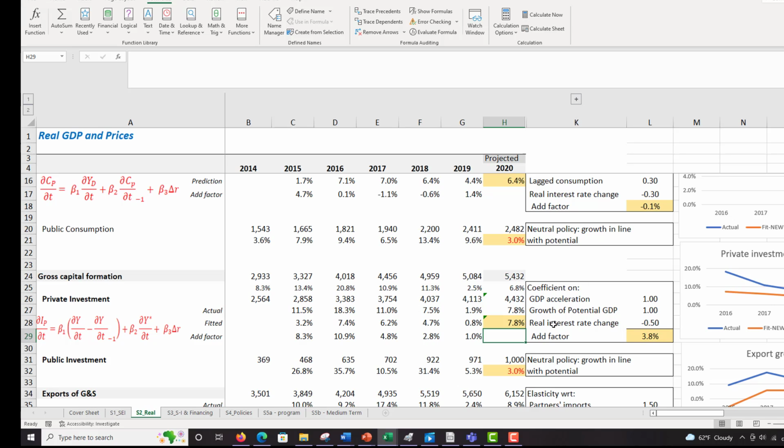So this is how we get the two elements of domestic private expenditures.